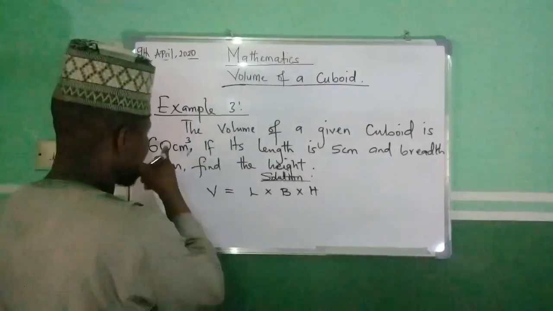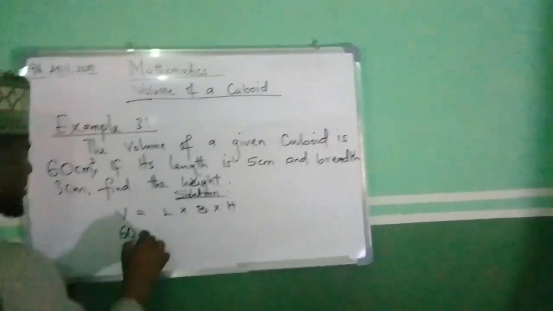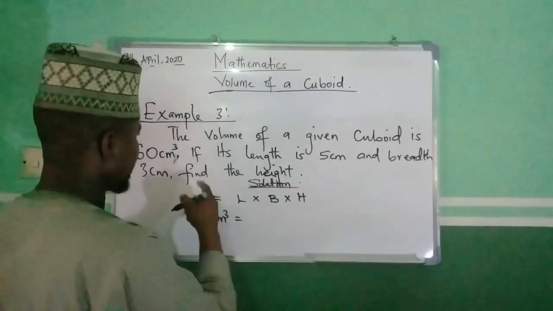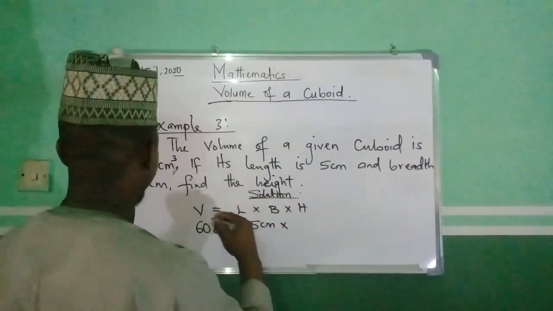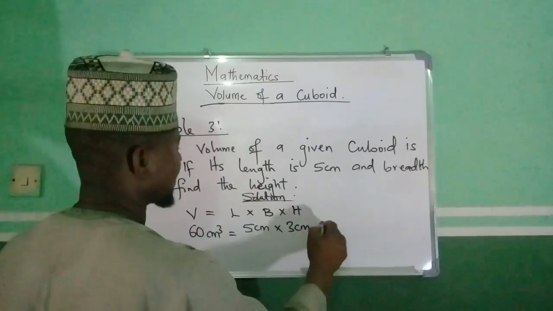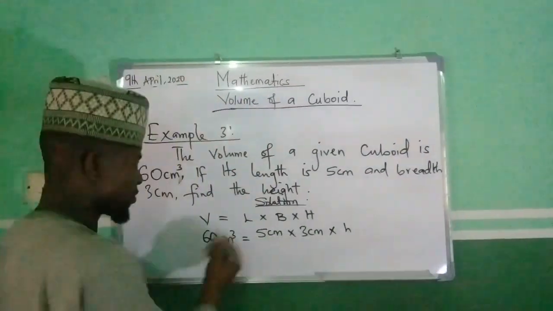The volume is 60 centimeters cubed, which will be equal to the length, 5 centimeters, multiplied by the breadth, 3 centimeters, then the height, which is unknown, I will represent with H.